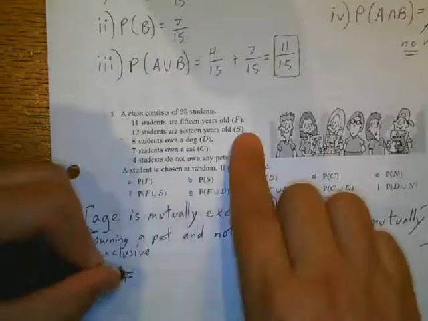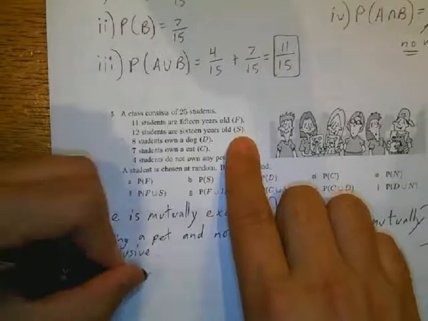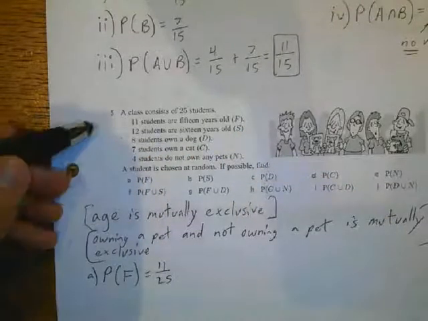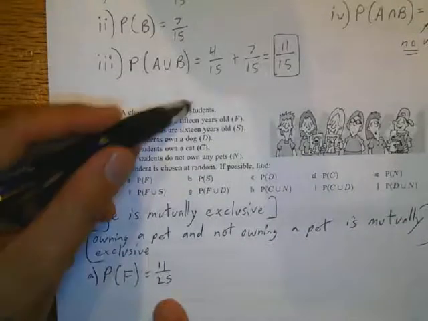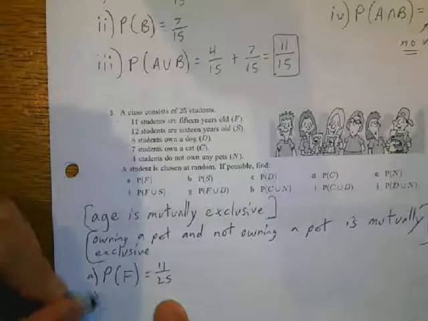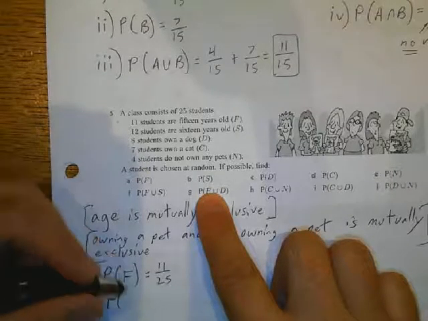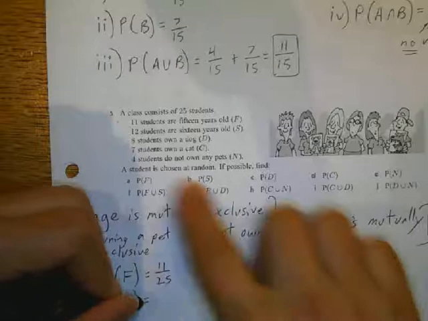Okay, so the probability of being 15 years old is simply 11 out of 25. There's 11 people 15 years old, 25 students total. Okay, what is the probability of being 16 years old? Well, that's going to be 12 out of 25.